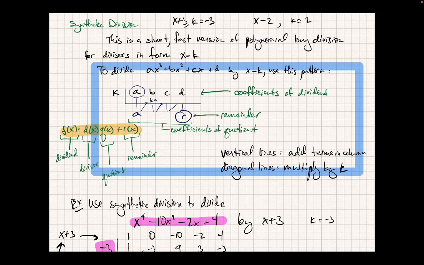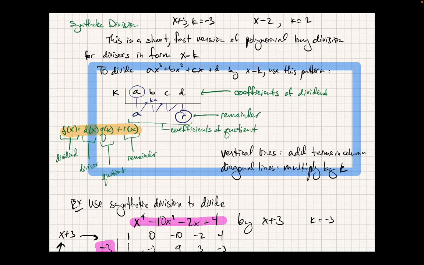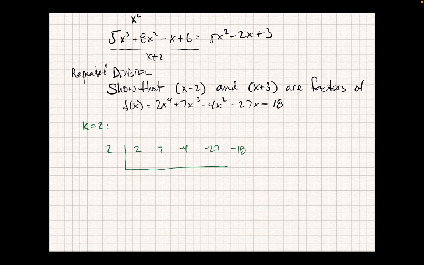Did you write down this part? Yeah. So the vertical lines mean what? Vertical lines add terms in a column. So I'm adding the terms for the vertical lines. My diagonal lines are what? Multiplying by K. Right. That's my technique.